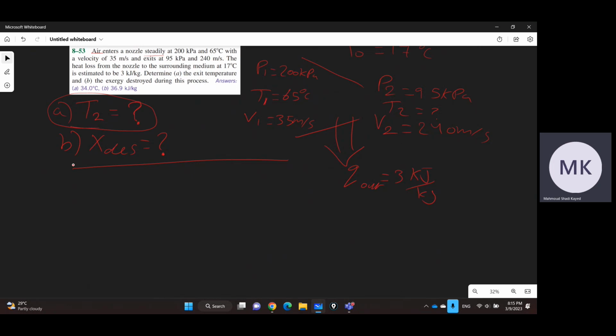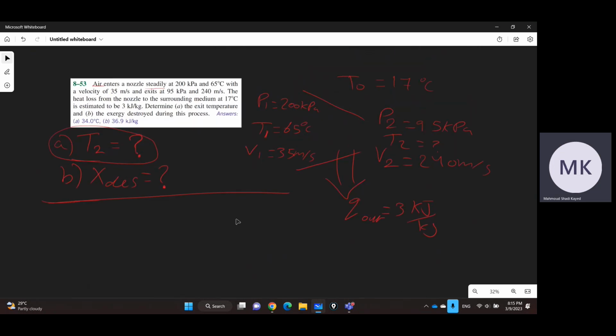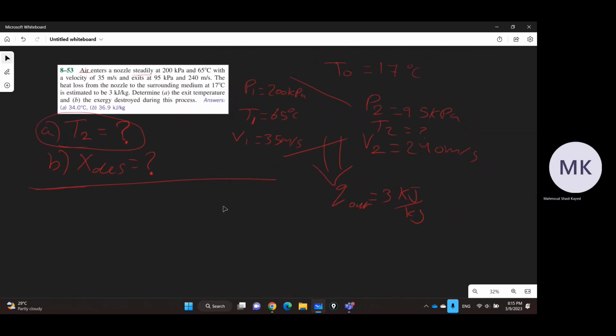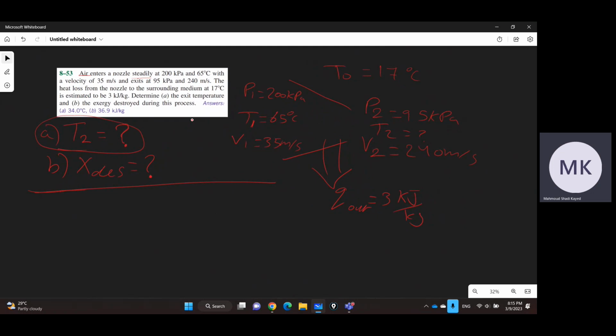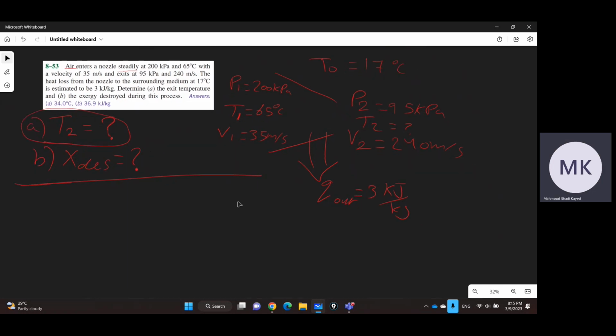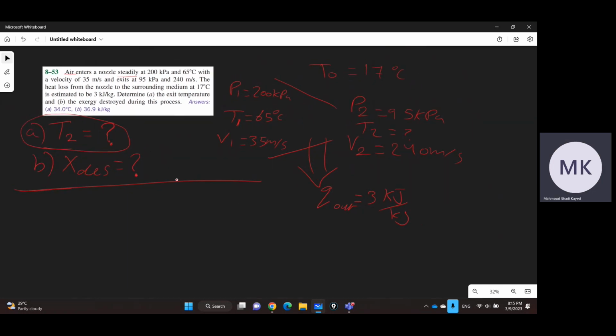If we look at this question, the only way to find T2 is by using an energy balance from thermodynamics, the normal energy balance.